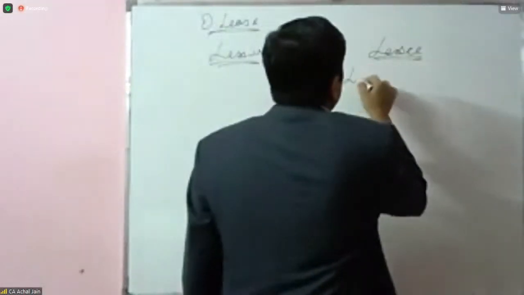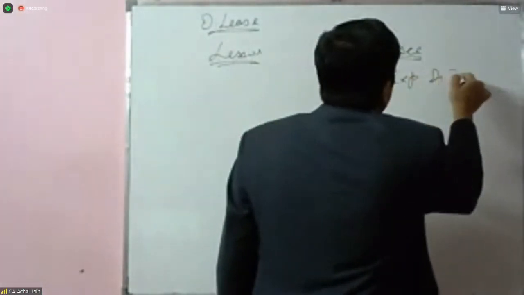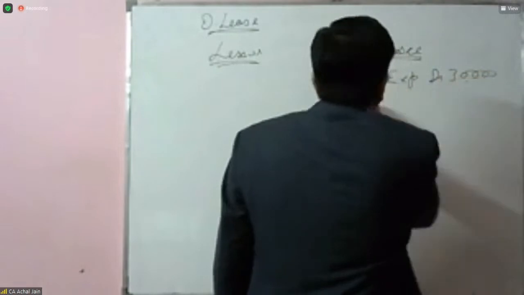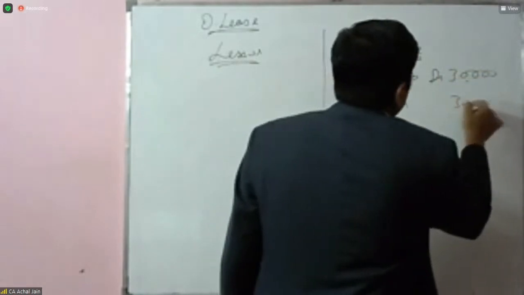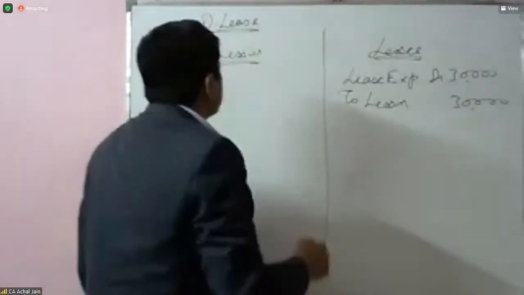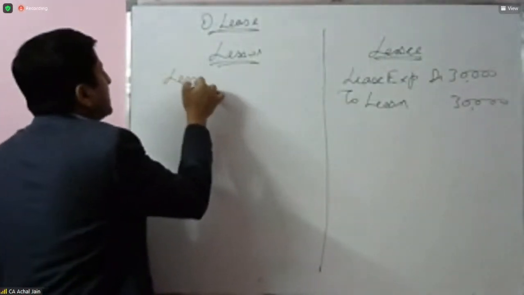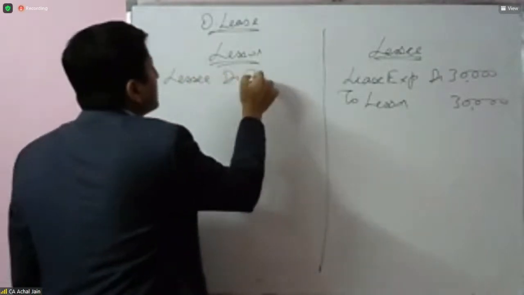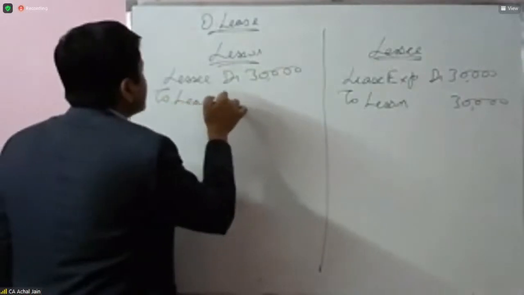Lessee will say lease expense debit 30,000 to lessor, 30,000. Lease expense to lessor. And lessor will say lessee debit 30,000 to lease income.